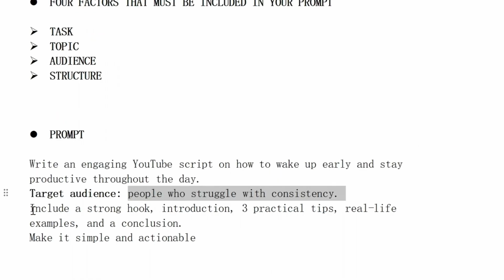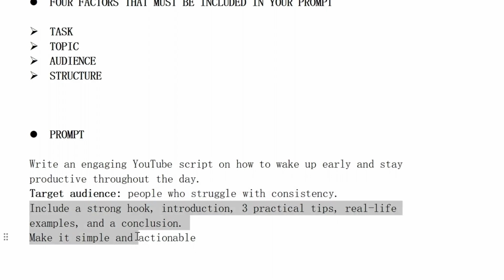And the last one is to include structure. Now, when I'm talking about structure, this is what I mean. How do you want ChatGPT to arrange your information? The first thing that you need as a YouTuber is a hook.